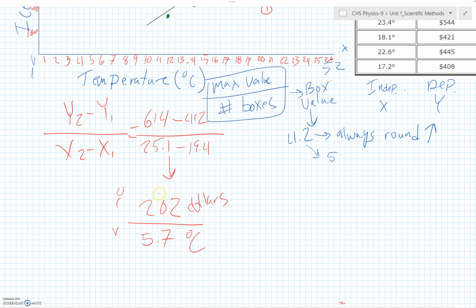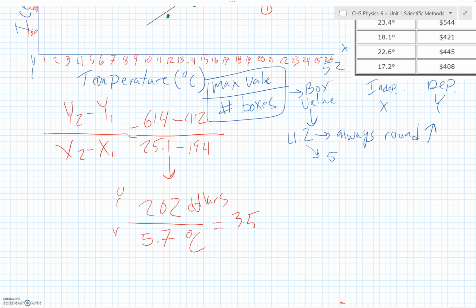This doesn't make me feel great right now, because I can't make a for-every-one statement out of this. So we're going to type in our calculator and get a decimal out of it. 202 divided by 5.7 equals a whole bunch of digits, but I've got 2 digits here and 3 up there, so let's go with 2 digits. I've got 35 and then some decimals, but since there are 2 digits, I'm only going to keep 2 digits.